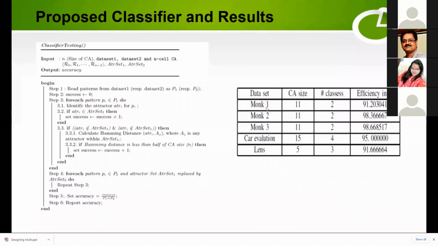Here are some real life data sets taken from the UCI repository. The first column represents the dataset name, the second column represents the size of the CA after conversion to binary, the third column represents the number of cases, and the fourth column represents the testing accuracy.